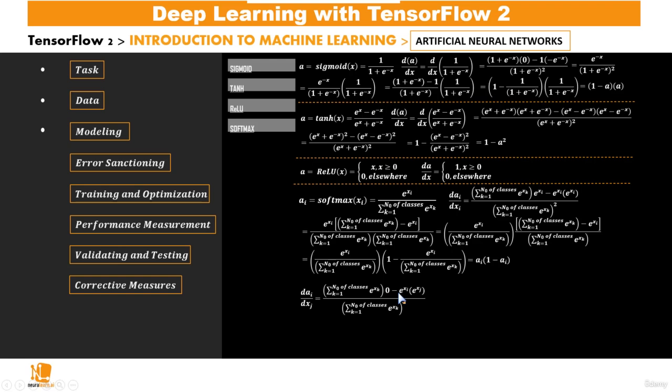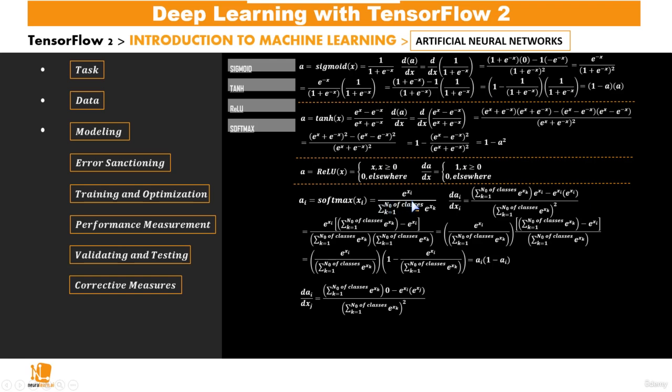Now minus the numerator, which is e to the xi, times the derivative of the denominator. Again, here we only have one of these values of k, for which we have k equals j. So in that case, we have the derivative of this with respect to xj, which is e to the xj and not xi as it was in this case.